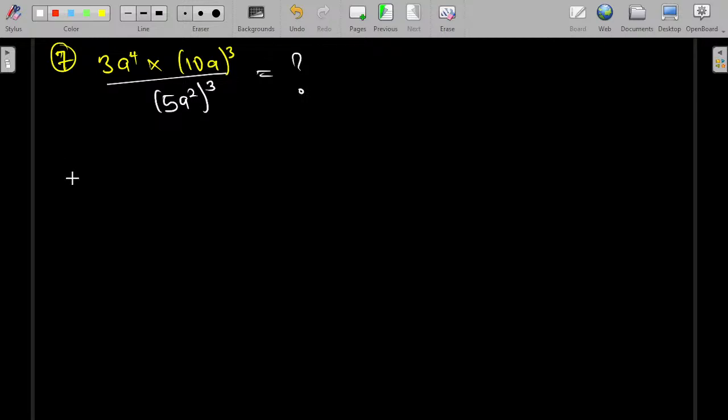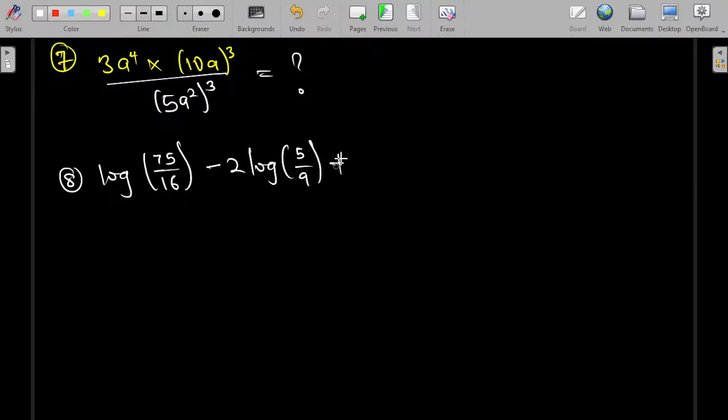So we move over to question 8. For 8, we are asked to express the log of 75 over 16, minus 2 log 5 over 9, plus the log of 32 over 243, in terms of log 2.